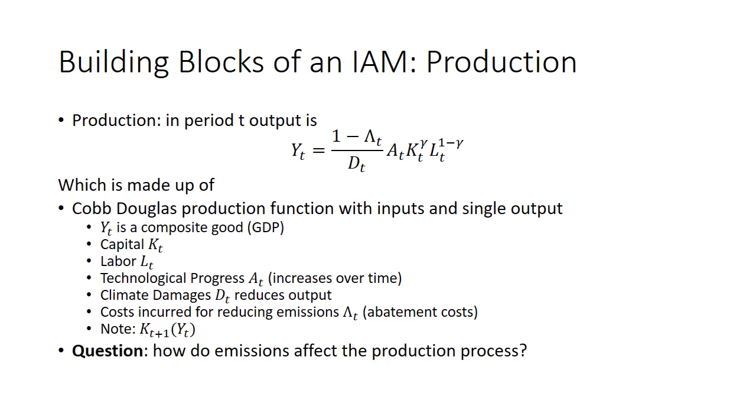Emissions also affect capital and labor, through population and capital stock evolution. We will define how KT evolves. So note that KT plus 1, or capital in the next period, T plus 1, is a function of GDP in the current period. So if GDP in the current period goes down, then capital in the next period is going to go down, which causes GDP in the next period to go down.